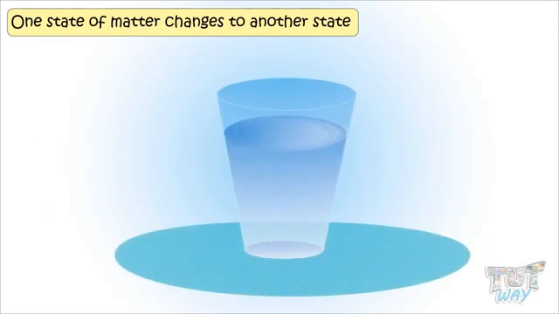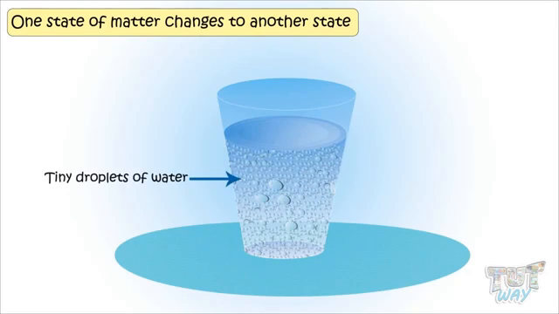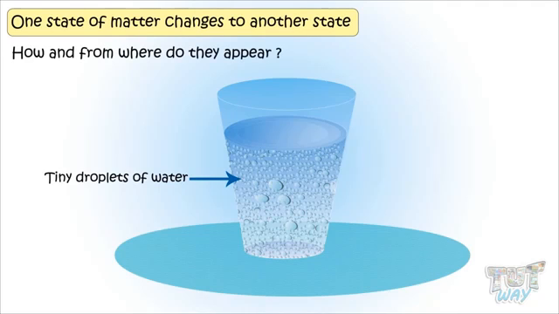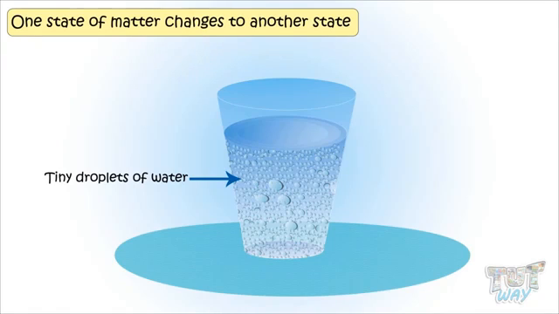Another easy experiment is take a chilled glass of water, or any drink you like. What you see after some time, there are tiny droplets of water outside the glass. How and from where do they appear? Let's learn.